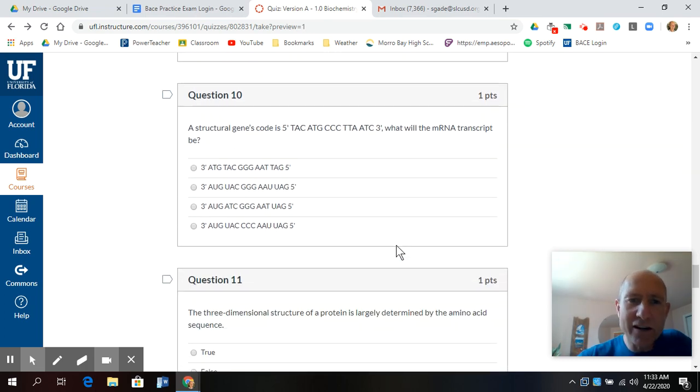Okay, here we are. A structural gene codes blah, blah, blah. What would the messenger RNA transcript be? We know that T goes with A, so our first one's going to be A, and look, they got us. We can't eliminate any of those because they all go to A. The next one, A goes with T usually, but there isn't any T in RNA.